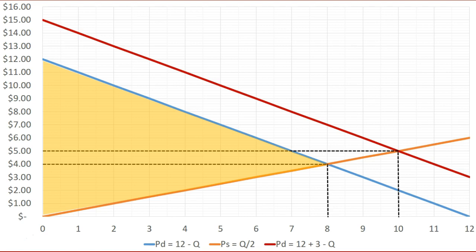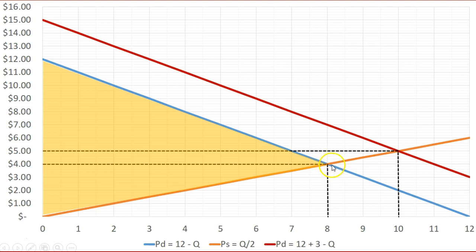But what's happened to the economic welfare area? Well, this is where it's a little bit tricky, because we're still taking the private market demand curve and the private market supply curve as our indicators of marginal benefit and marginal cost. But what's happened is we've gone beyond the point where the private marginal benefit equals the private marginal cost.